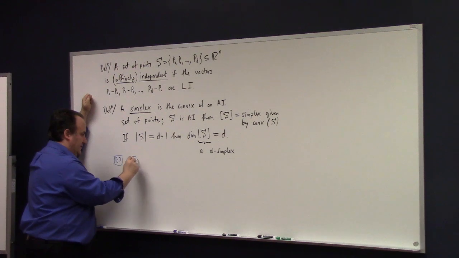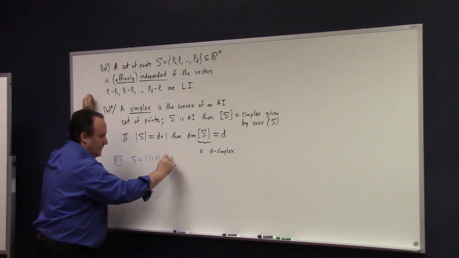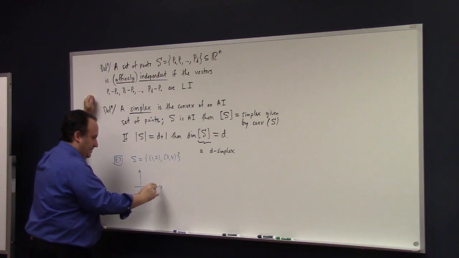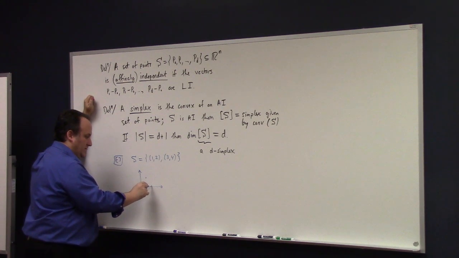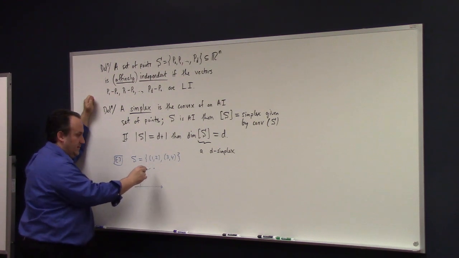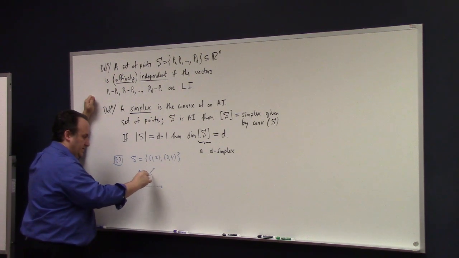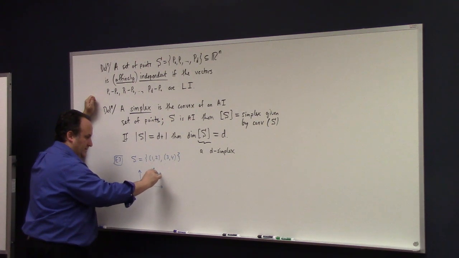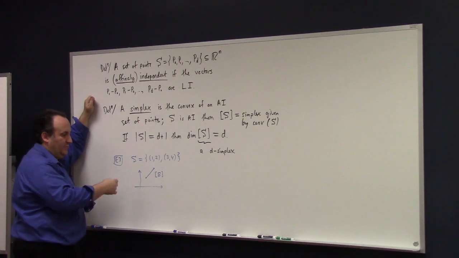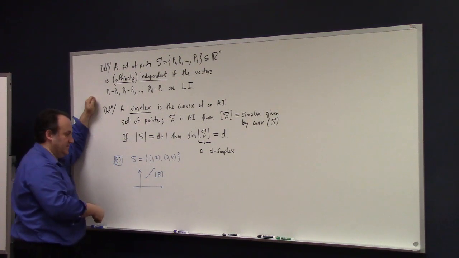If my S is two points, something like that, there's my S. So there is the simplex. This is a 1 simplex because it's generated by 2 points. It's a one-dimensional simplex.